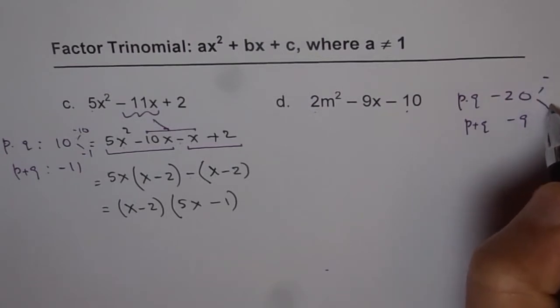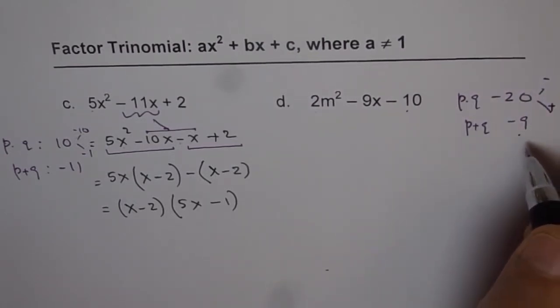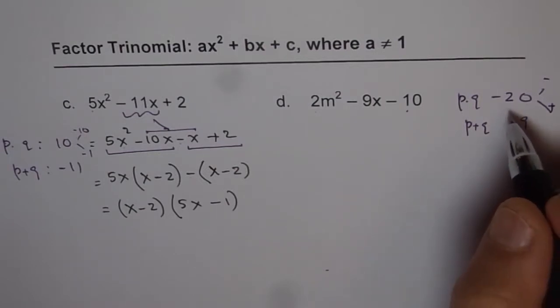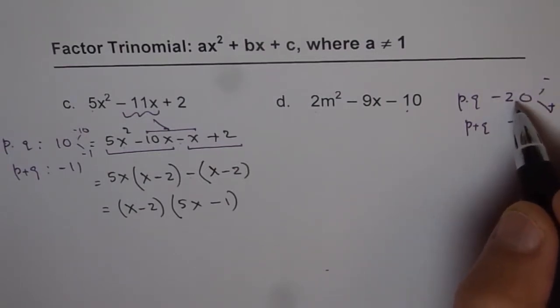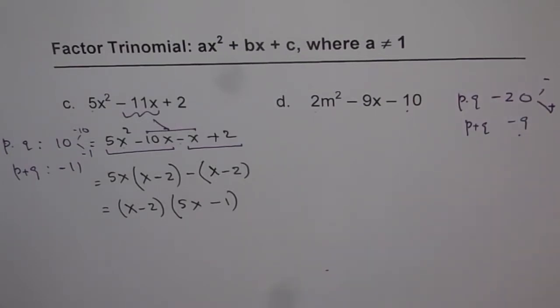The larger number is negative since their sum is negative, correct? So the two numbers could be 4 and 5, 10 and 2. So look for different combinations which could give you negative as the product and negative 9 as the sum.